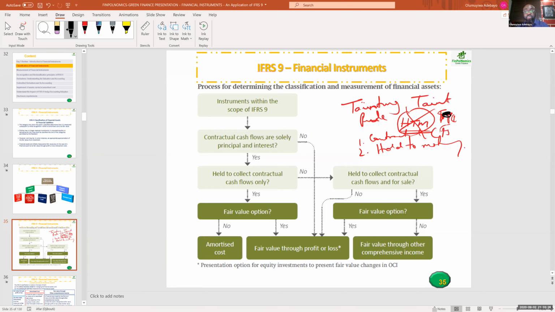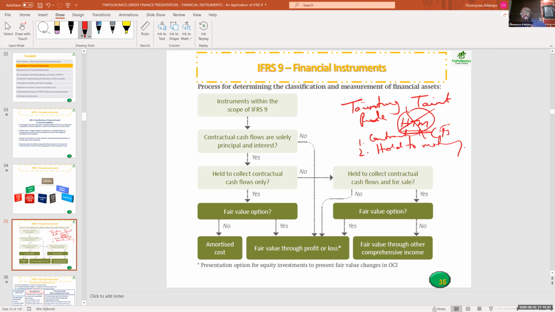In that case, IAS 39 says we have tainted that bucket, and no financial asset can remain in it for that year and for the next 2 years, which means tainting affects the current year and the subsequent 2 years, so it's a rule that affects you for roughly 3 years. And that is what it is.